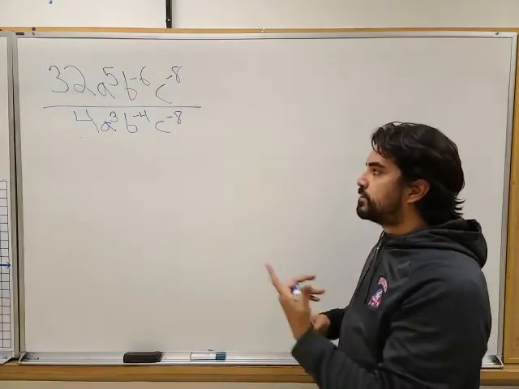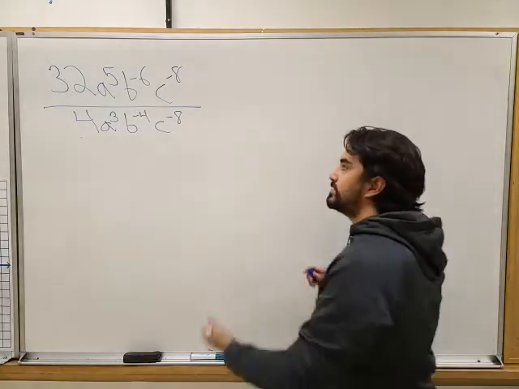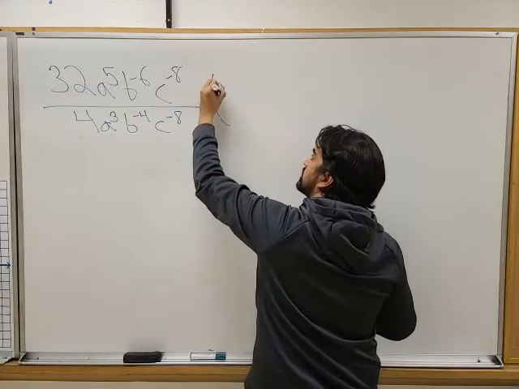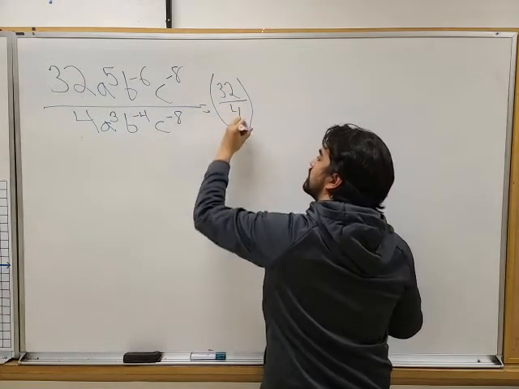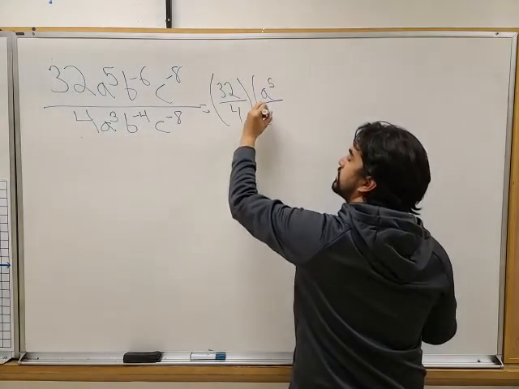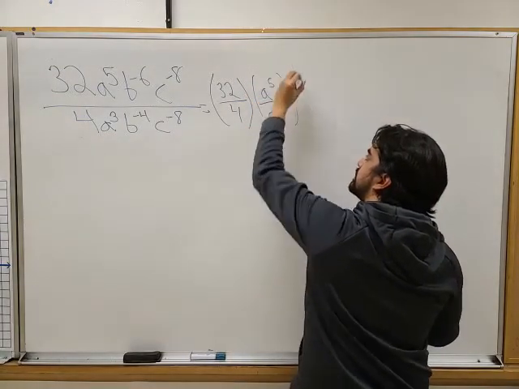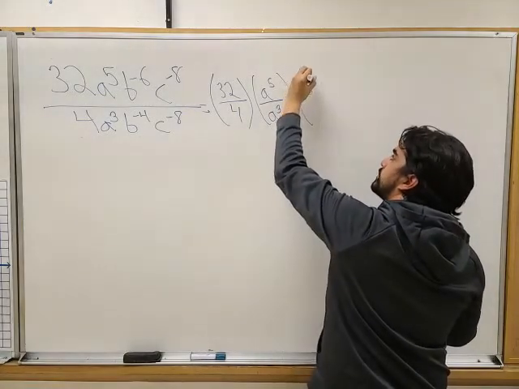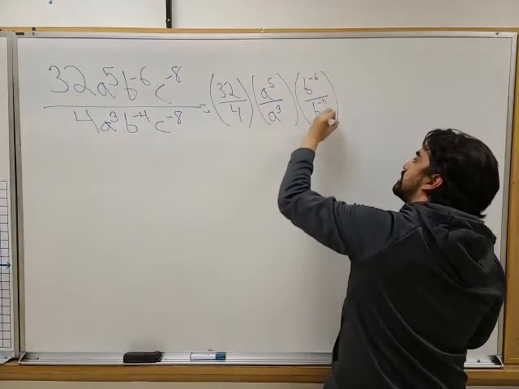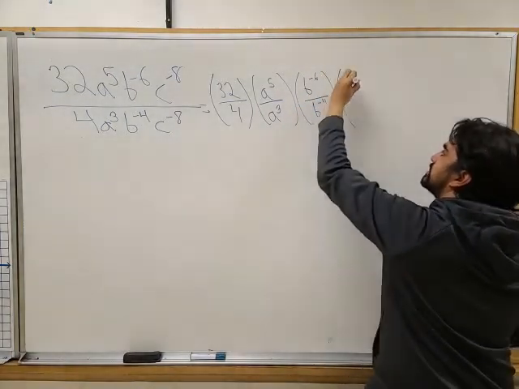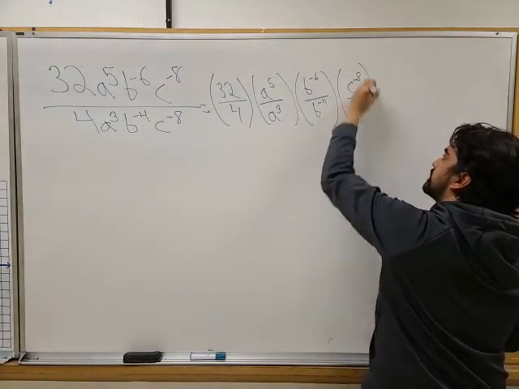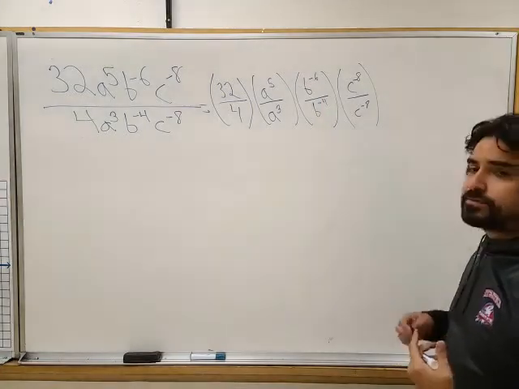Remember, when we have a quotient, we separate them by like bases. So we have 32 divided by 4, then a to the power of 5 over a to the power of 3, b to the power of negative 6 over b to the power of negative 4, and finally c to the power of negative 8 over c to the power of negative 8. Now let's simplify it.